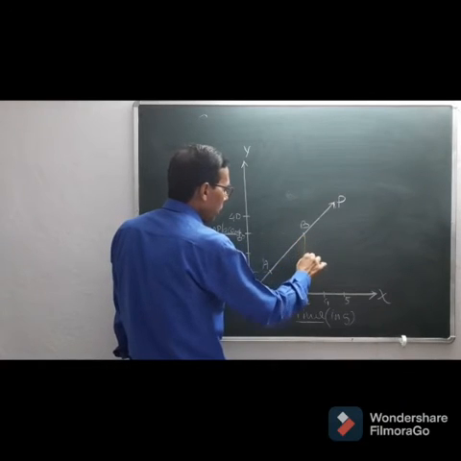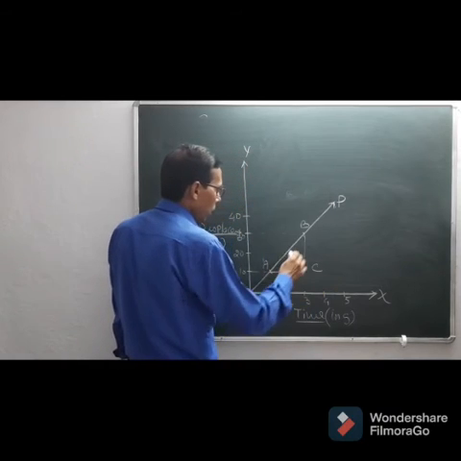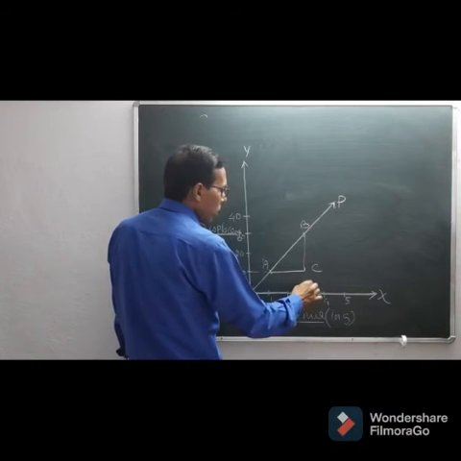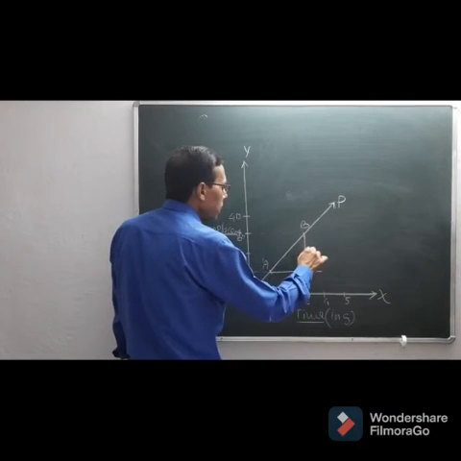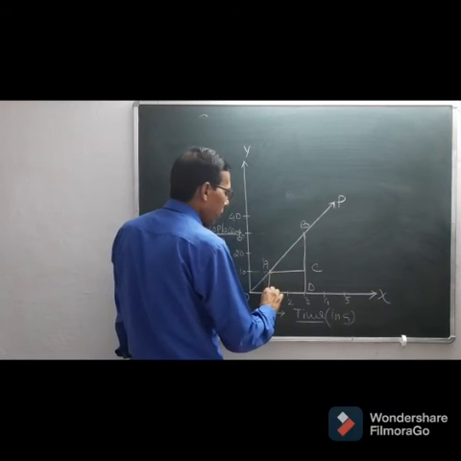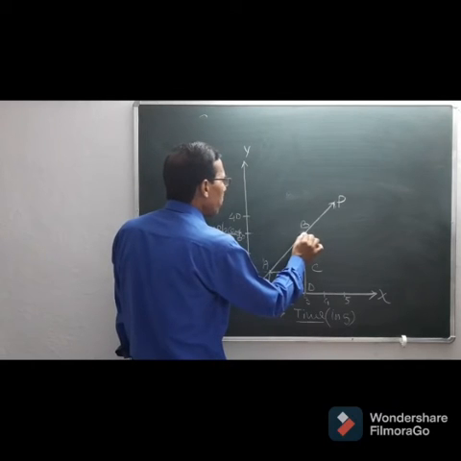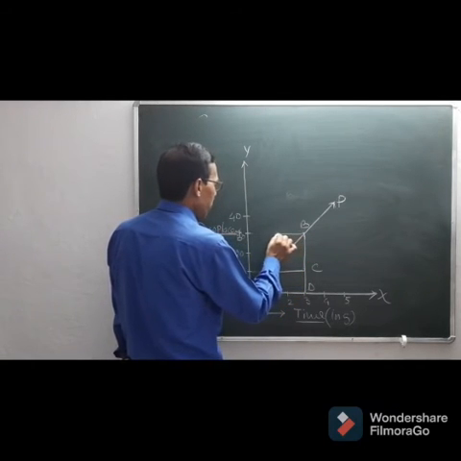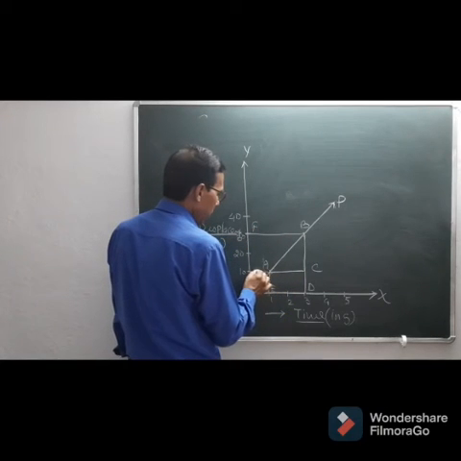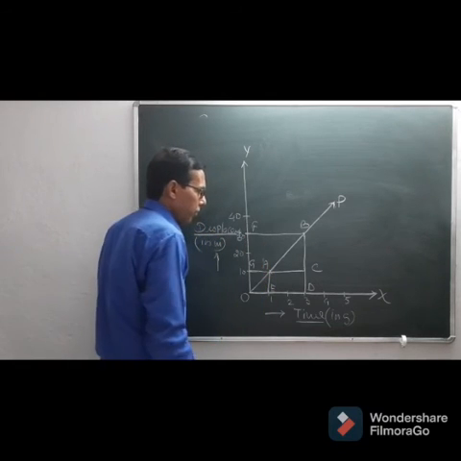and we make a triangle ABC. Now we draw the perpendicular from B to time axis, that is BD, and here AE on the x-axis, and we draw the perpendicular BF on the y-axis and AG on the y-axis.